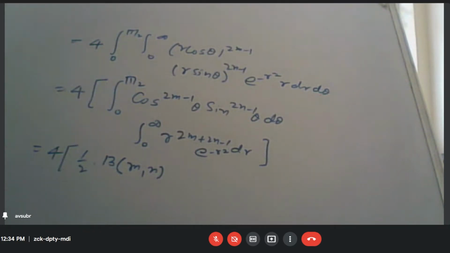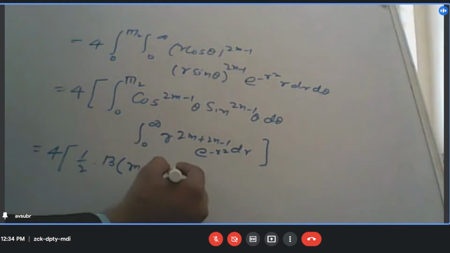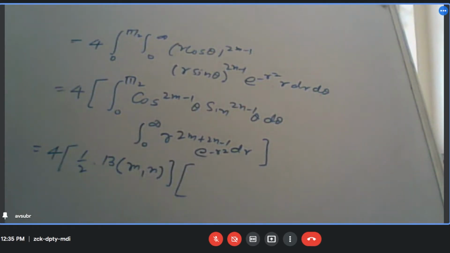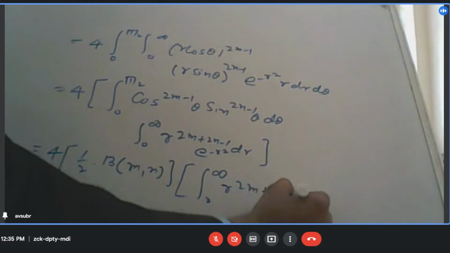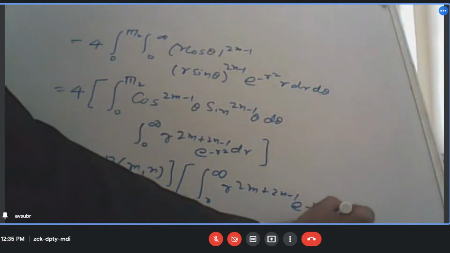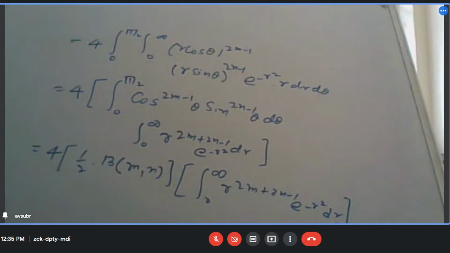So I can write down it like this: multiplied by 0 to infinity r to the power 2m plus 2n minus 1 e to the power minus r square dr. All right? So this is what I can write down.